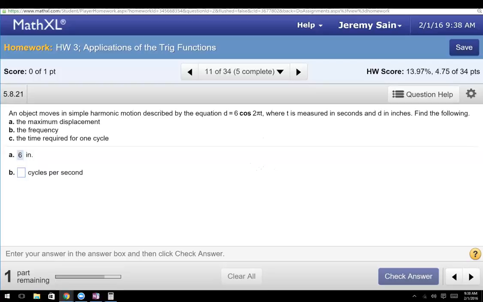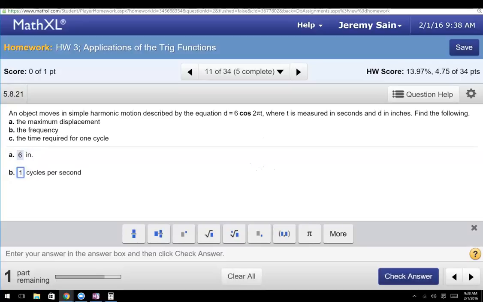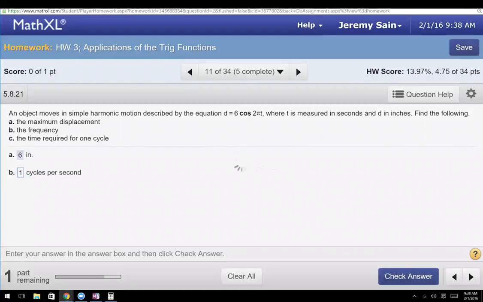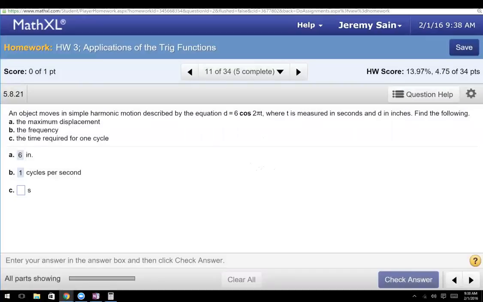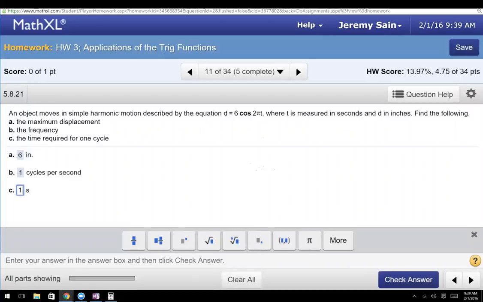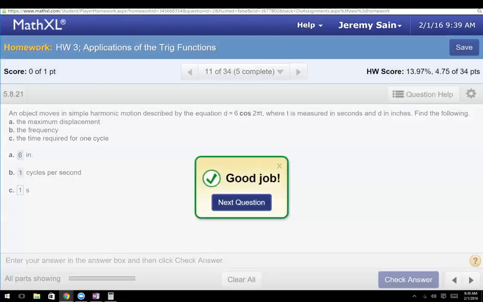So 2 pi is 2 pi times 1, so apparently this one has 1 cycle per second. And the period is 1 over whatever the frequency was. Since there's 1 cycle per second, how long does it take to do 1 cycle? A second. So that was kind of silly. But it's just 1 over the frequency.